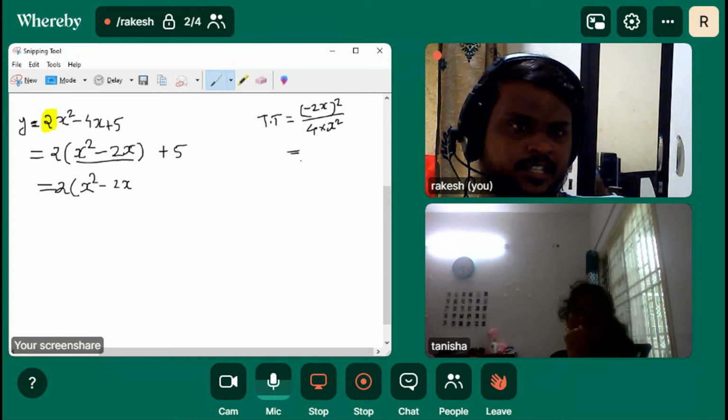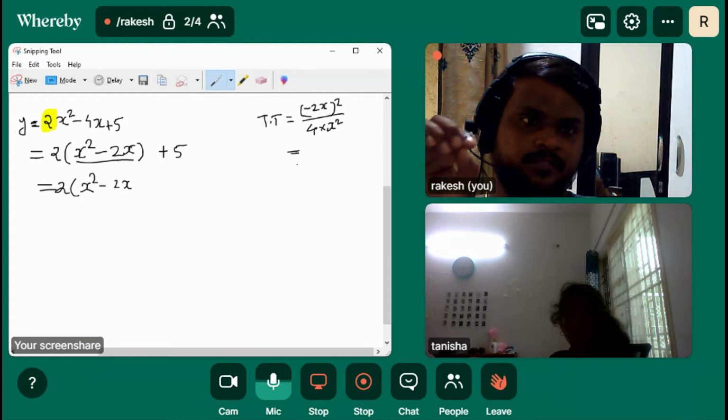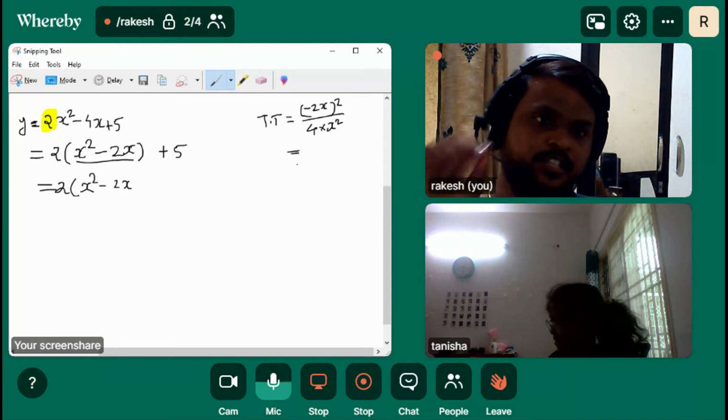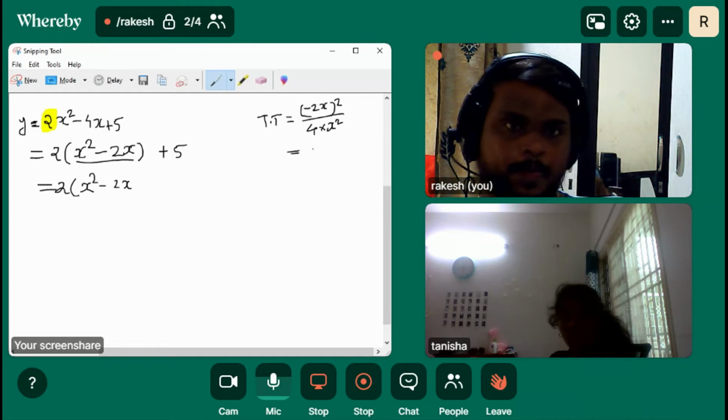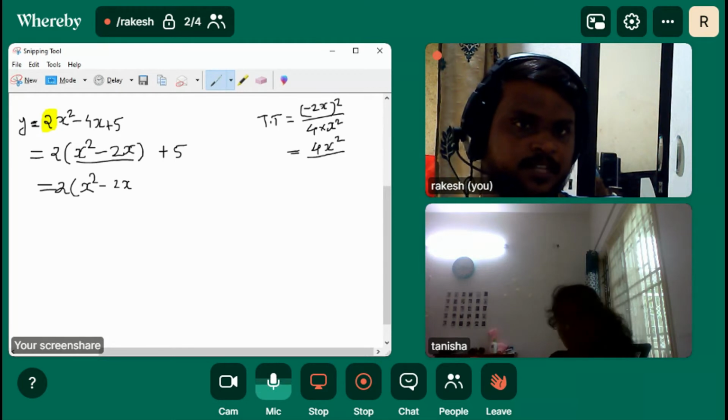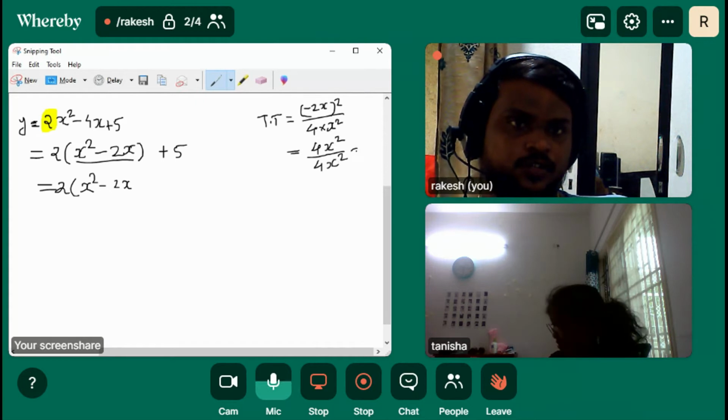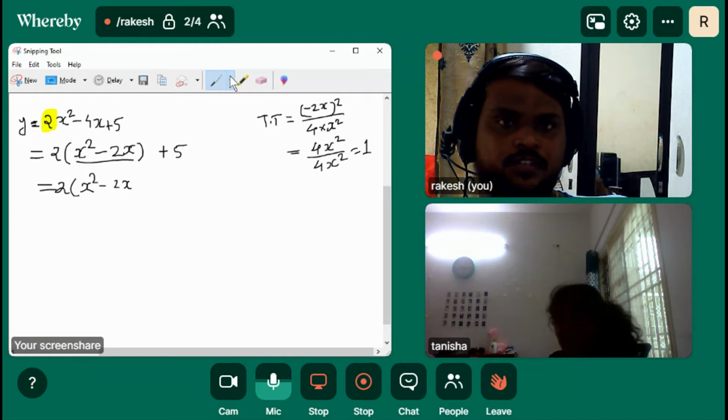Is that formula sinking in your head? You can write it somewhere. The third term is the middle term the whole square upon 4 into first term. So the middle term whole square is 4x square here. Minus minus will obviously be positive, upon 4x square. So this will cancel out and give you 1. So that is your third term, right?